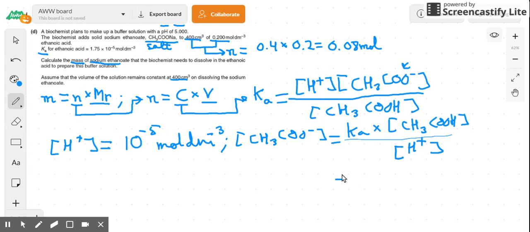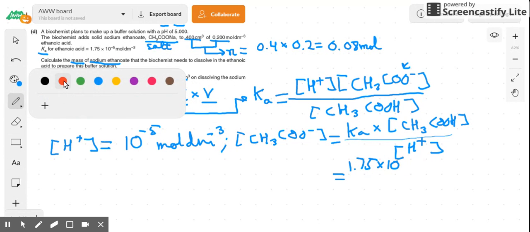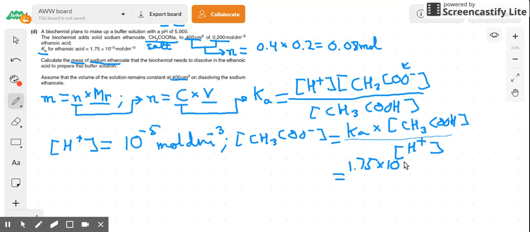And now we substitute the variables by their value, so Ka is 1.75 times 10 to the power of minus 5, times concentration of acid, which is 0.2, divided by concentration of protons, which is 10 to the minus 5.